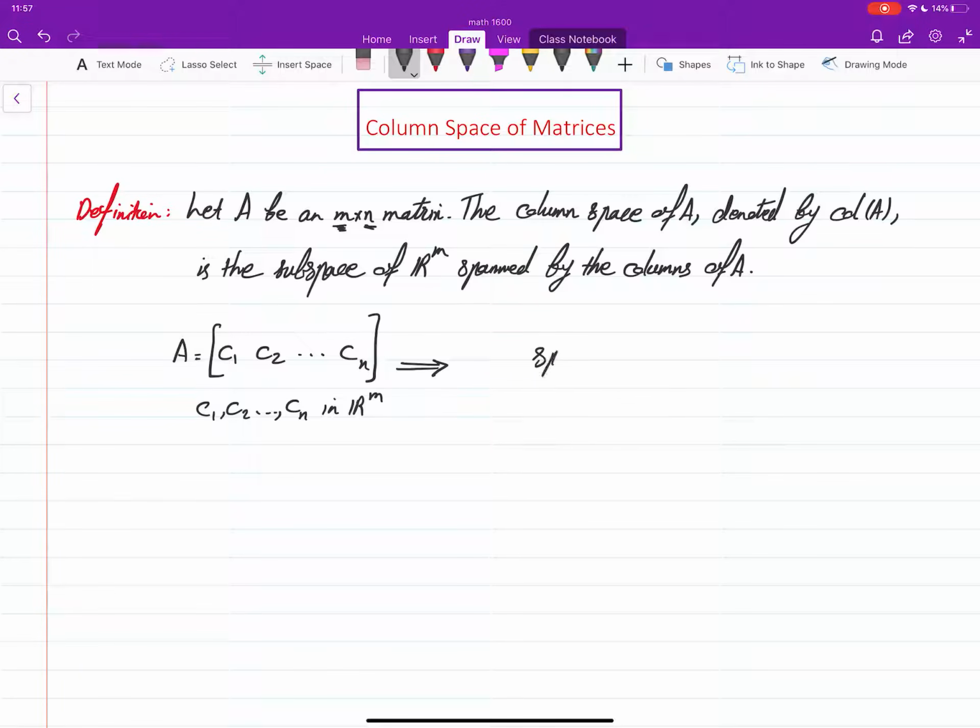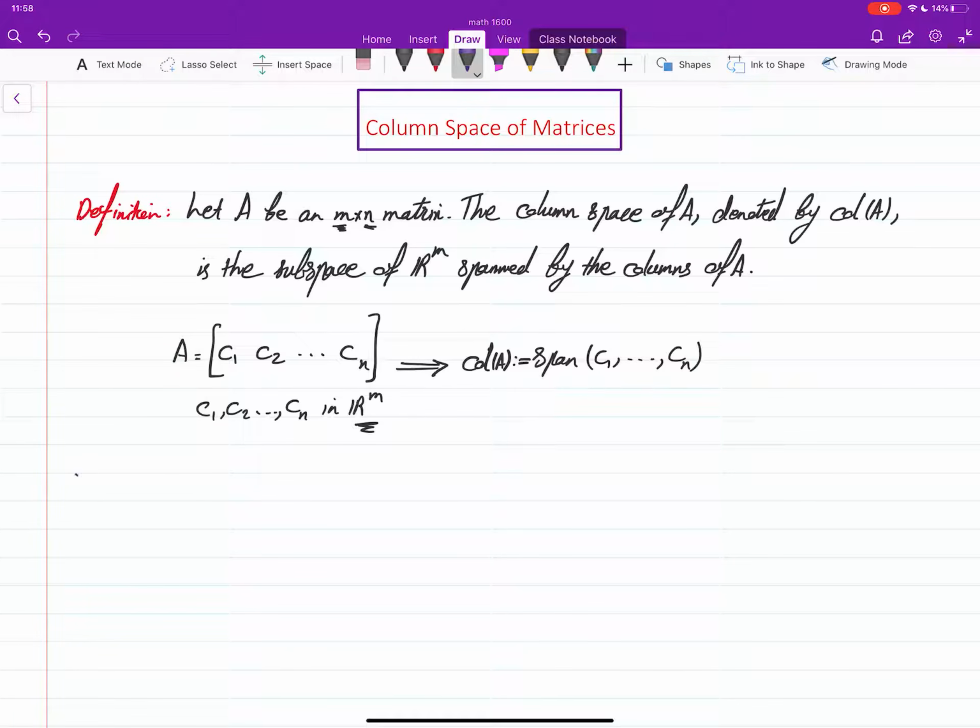So span of C1 up to Cn, which we know by a general fact, the span of any set of vectors is a subspace. Here this is going to be a subspace of Rm, and we define the column space of A to be this subspace. Just columns, what kind of space the columns of a matrix generate.